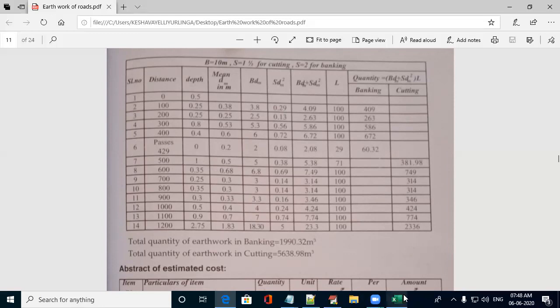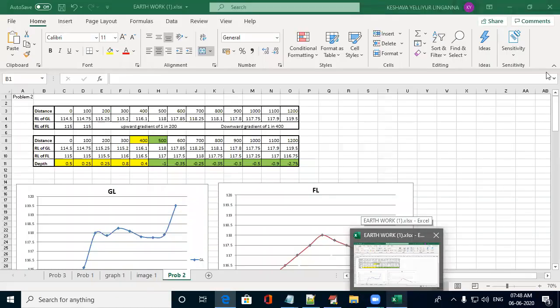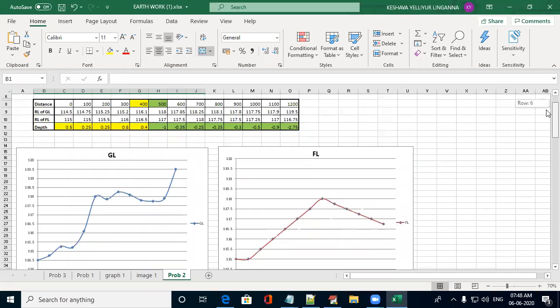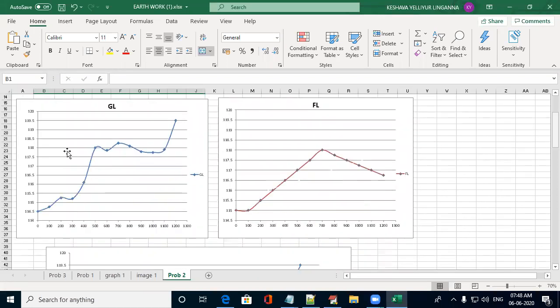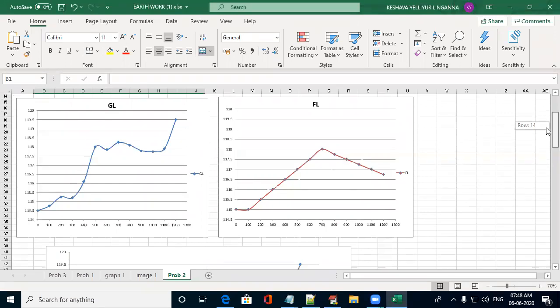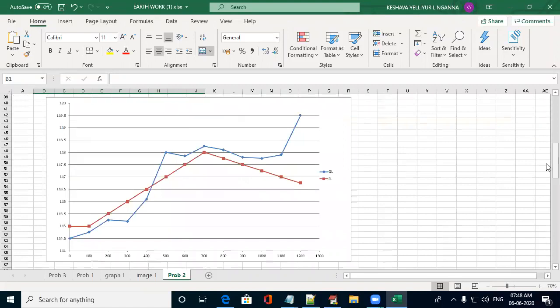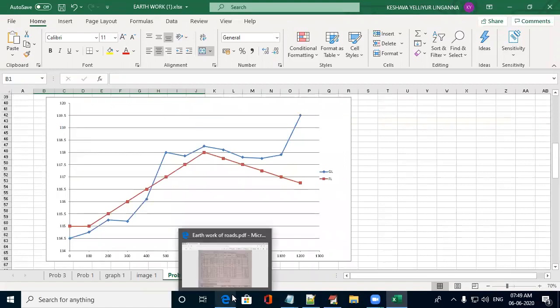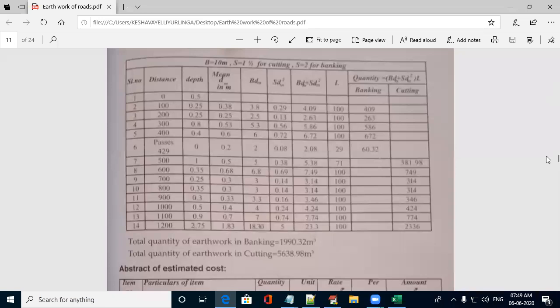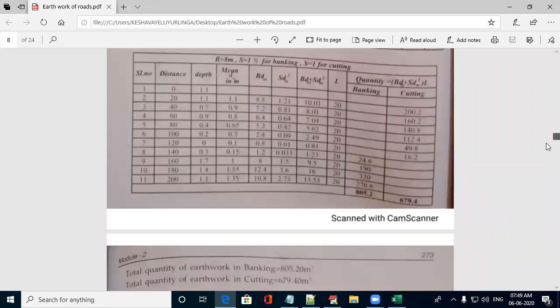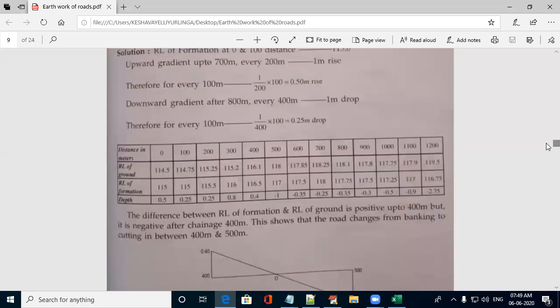Another thing is that you need to plot the graph also. Don't be confused. These different graphs are just for your reference. I have drawn them just to show how ground profiles look. But in your exam, you are supposed to plot a graph of only this. You are plotting this graph only because the question asks for it. You can see in the question they ask you to draw the longitudinal section.